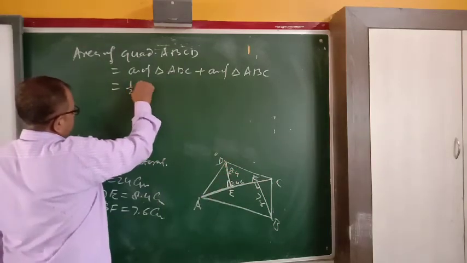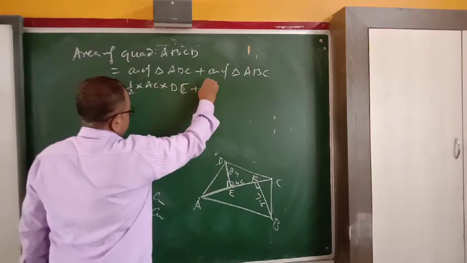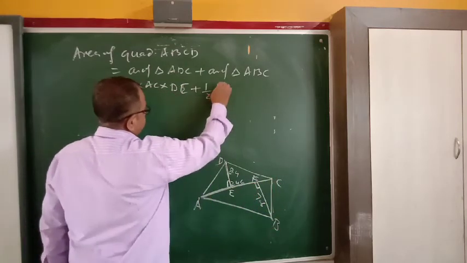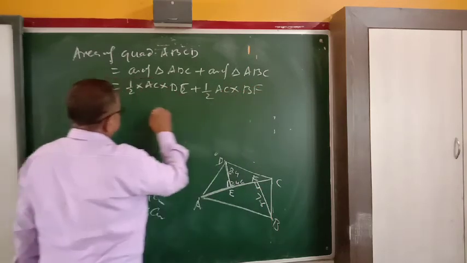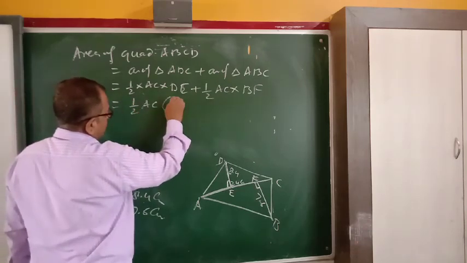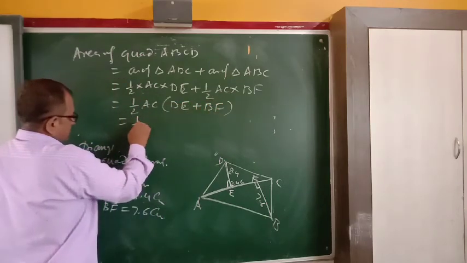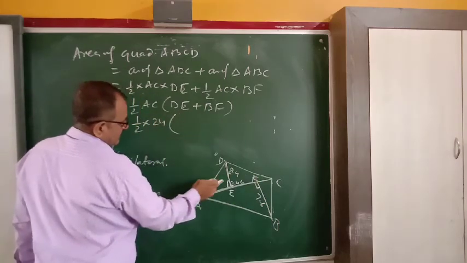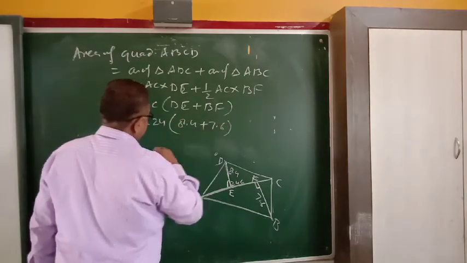So we can write 1 by 2 AC into DE, plus 1 by 2 area of triangle ABC, again base will be AC, but height here is BF. We can take 1 by 2 AC common in both, so DE plus BF. Value of AC is 24, DE is 8.4 and BF is 7.6.